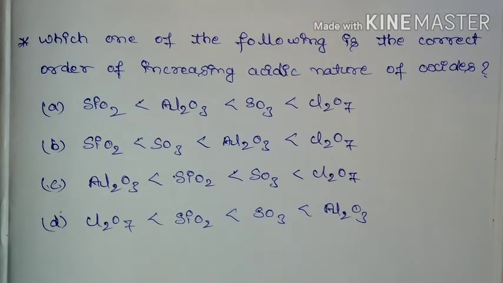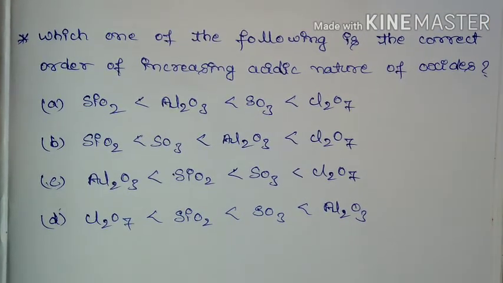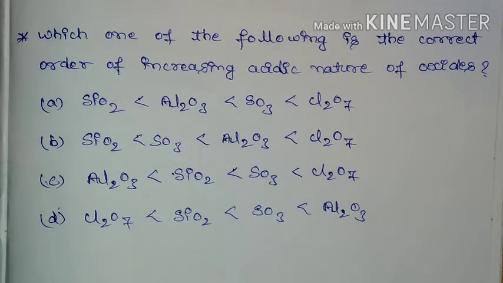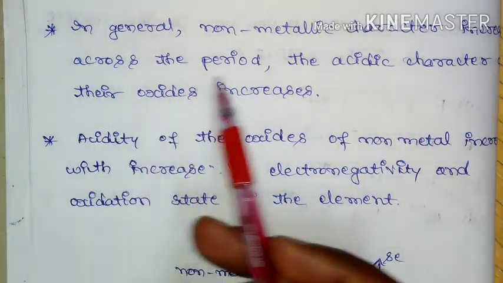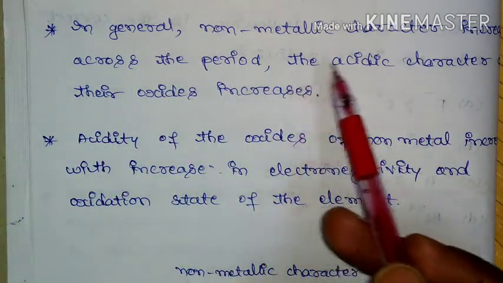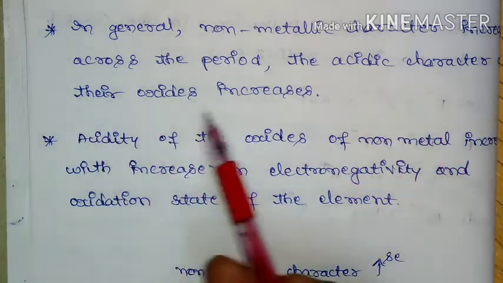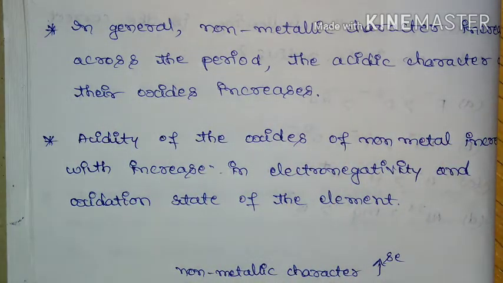Next question, which one of the following is the correct order of increasing acidic nature of oxides? What we can generalize is, if non-metallic character increases across the period, then the acidic character of their oxides also increases.